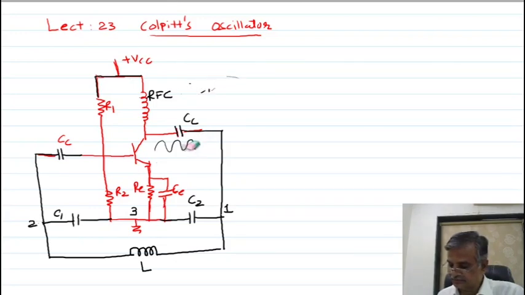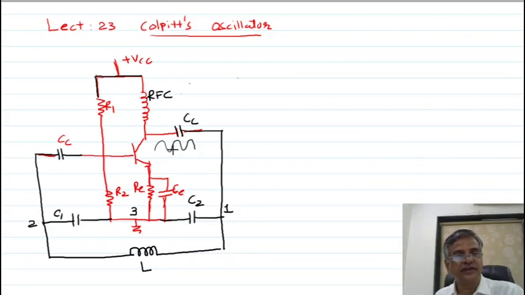So listen again. The radio frequency coil offers a very high reactance at the resonance frequency, because the oscillating frequency is very high.